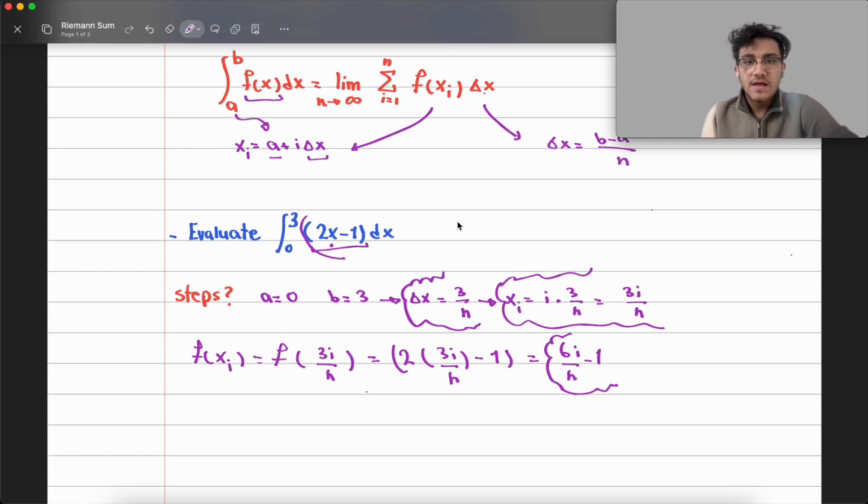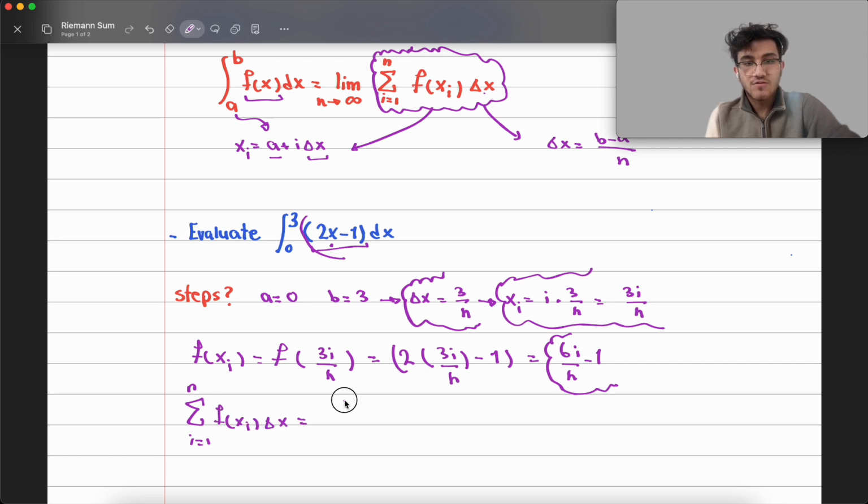Then what? Now I'm not considering the limit first. First of all, I have to understand this one and evaluate the summation. Then I'm going to take the limit of the summation. So let's find this one here. I can say sigma i equal to 1 up to n of f of x sub i delta x.